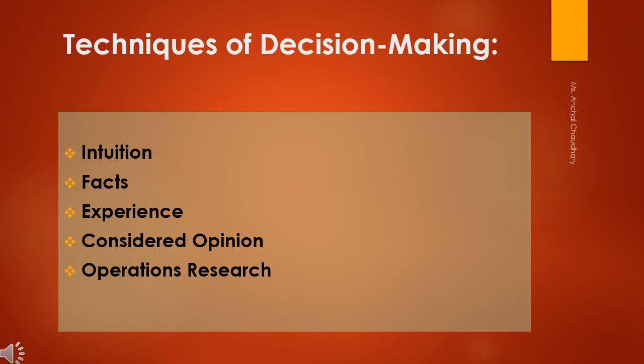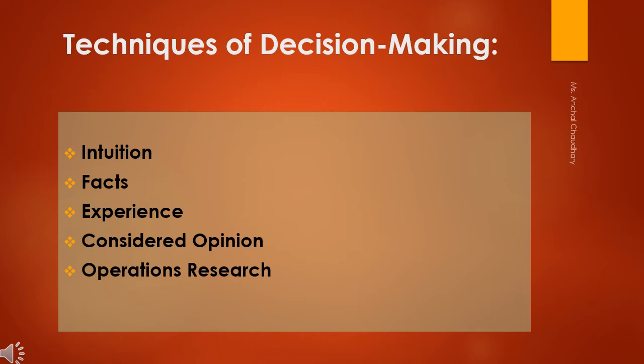So in intuition, we take decisions which are based on our inner feeling. Many times you must have seen that we usually say, I'm having a feeling that this will happen to us.